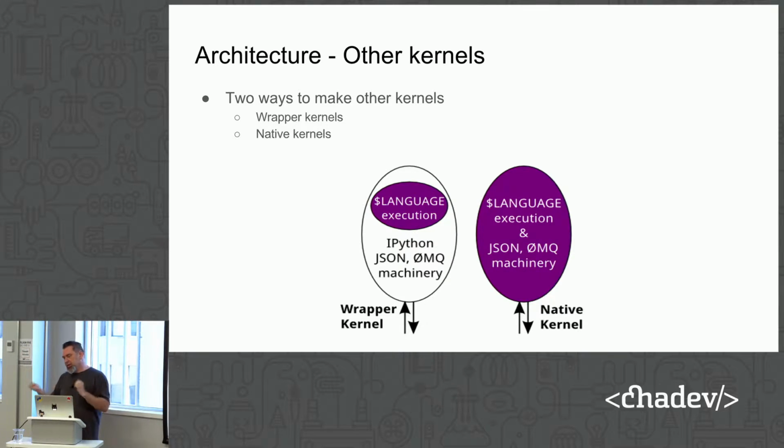More than likely, the kernel is going to be a native kernel, where you have to create the execution environment and all of the message passing machinery, which is really well documented. They've done a really good job, and they're actively working to improve their documentation so that you can get a fairly straightforward sense of how to implement this in whatever language you want. So if you're writing a new language and you want to write a kernel for it, you can do that along the way.